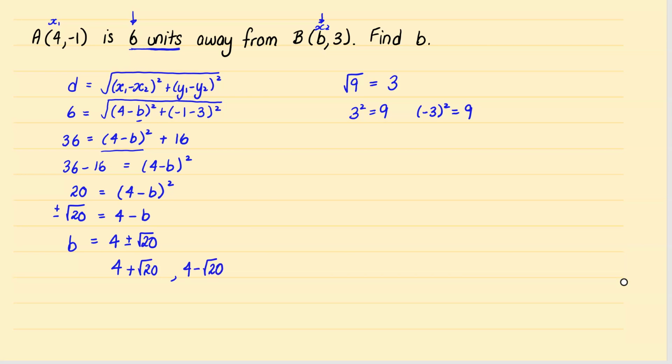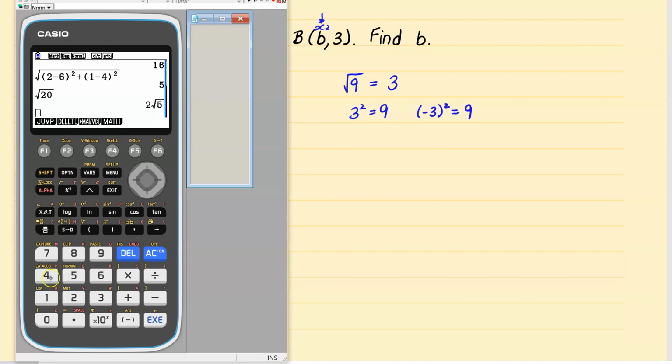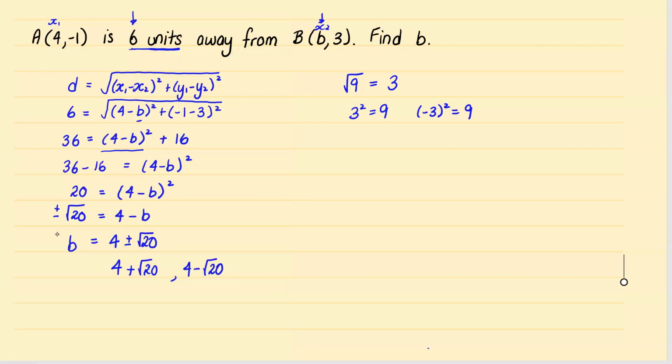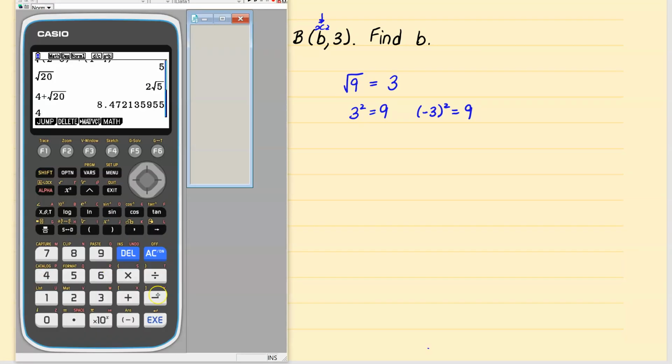Right, now just to get an idea, what do those values actually mean? So 4 plus root 20, and remember we could simplify that to 2 root 5. Yep, there it is, 2 root 5. Let's get a decimal answer of that. So 8.47. And what is 4 take root 20?